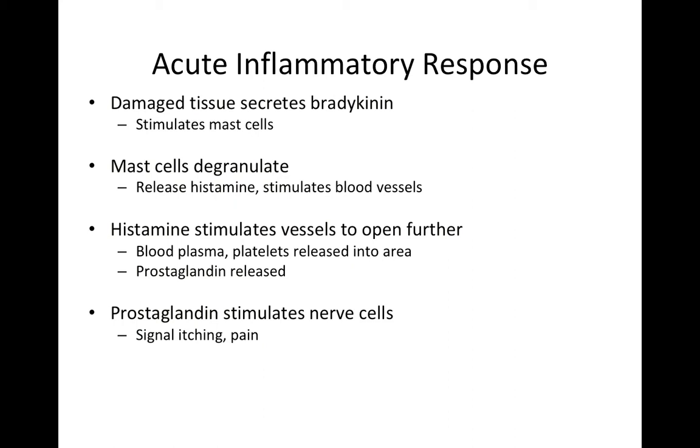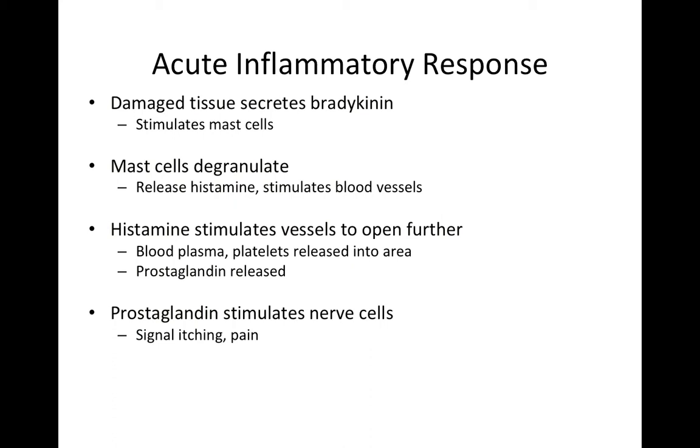This will then signal mast cells, which are a special type of phagocytic cell in the vicinity, to degranulate and release the molecule histamine. Histamine then can stimulate the blood vessels to vasodilate.